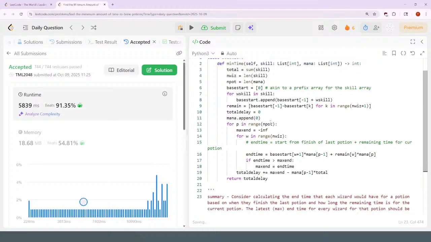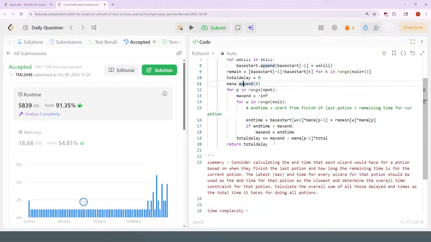Even I don't fully know why I do subtraction of the previous total mana cost. And then there's some other stuff that I did that makes it possible. Like I appended 0 to the mana cost because otherwise mana at p minus 1 would be out of bounds for p equals 0. And you need to initialize that or have a baseline for that.